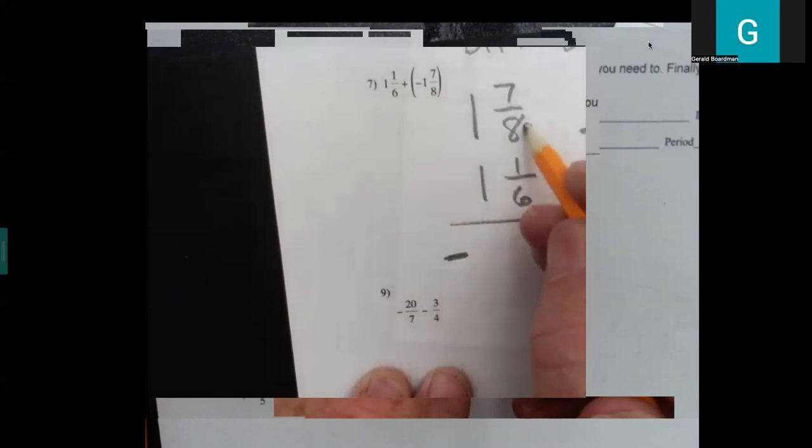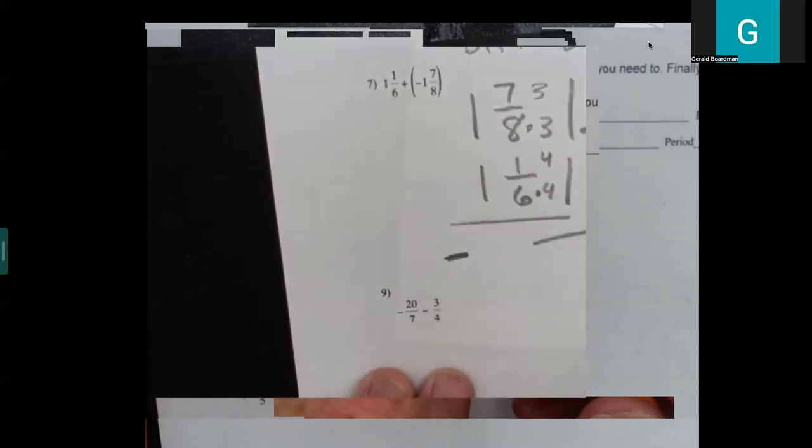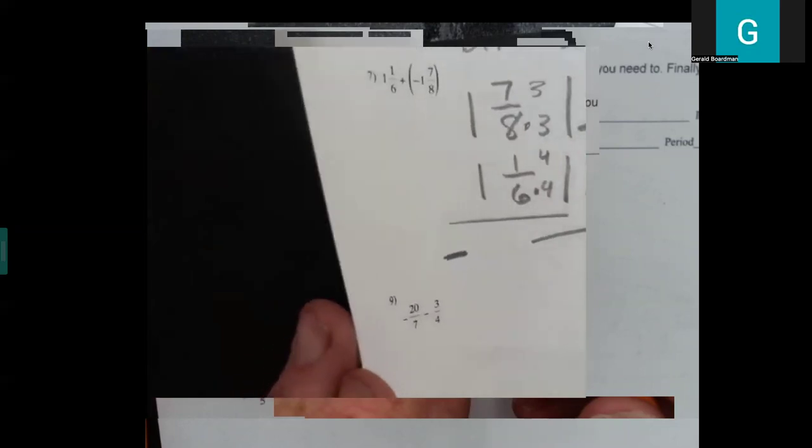And now we say 8 times what gets to 24? It's not 6, it's 3. So I multiply the numerator by 3. So I get 1 and 21 24ths. For this one, it's 6 times 4, so I multiply the top by 4. It's 1 and 4 24ths. Does everyone see how I did that? Patrick, are you locked in with this?